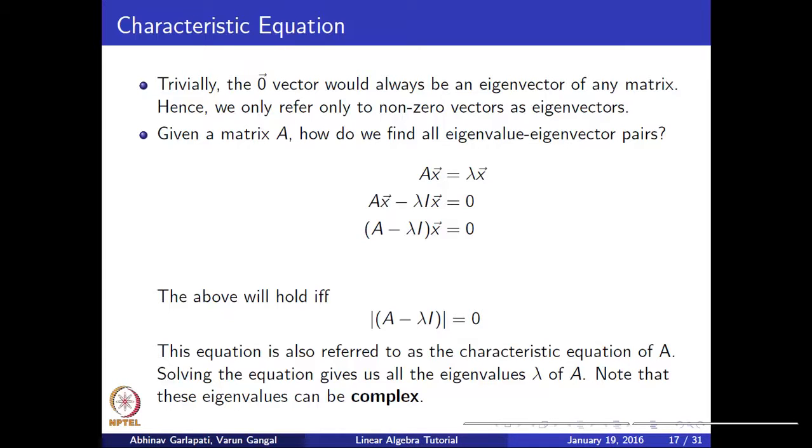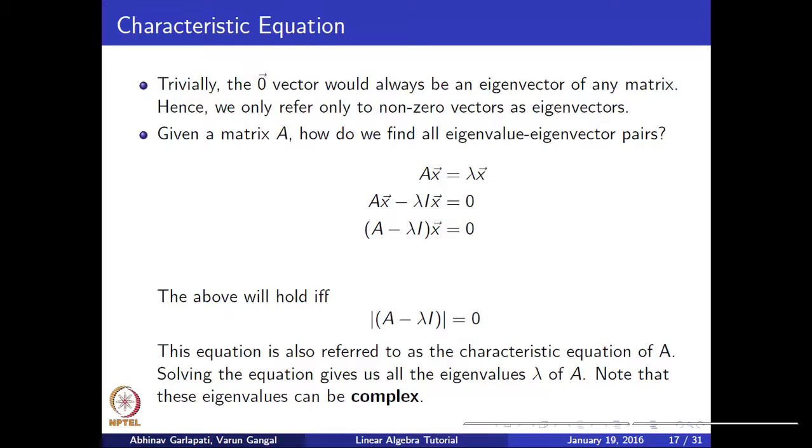So the question is, given a matrix A, how does one find all the eigenvalue eigenvector pairs? By simplifying Ax equals lambda x, we get (A minus lambda I) x equals 0. Now, since we are only looking at non-zero vectors, x can't be a 0 vector, which means that det of (A minus lambda I) should be 0.